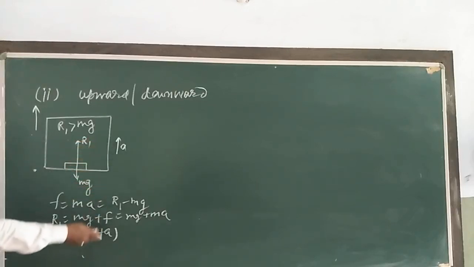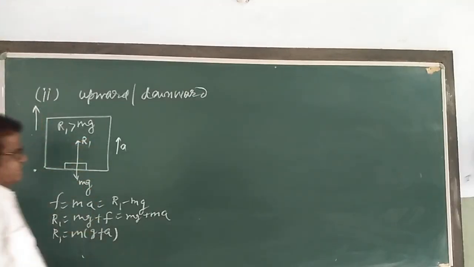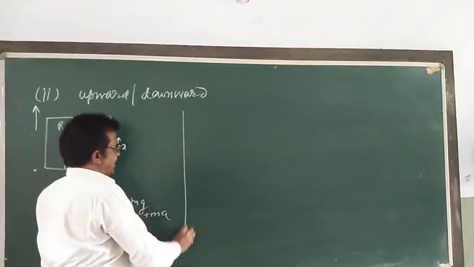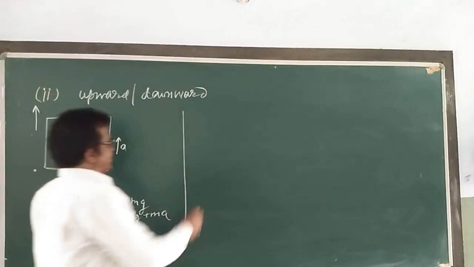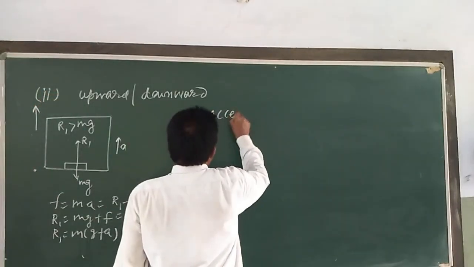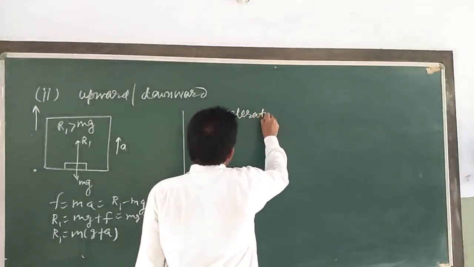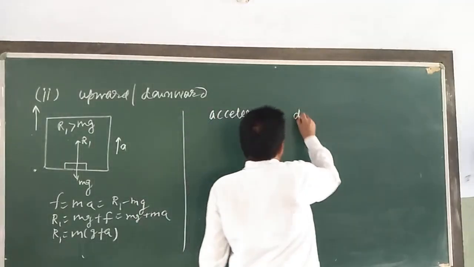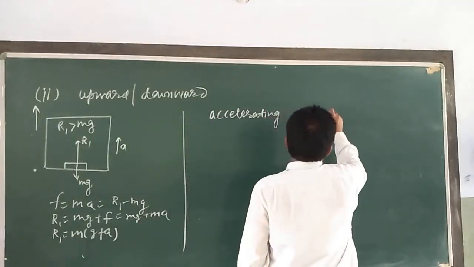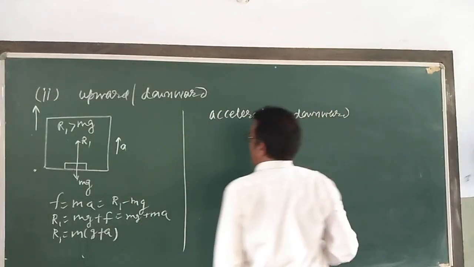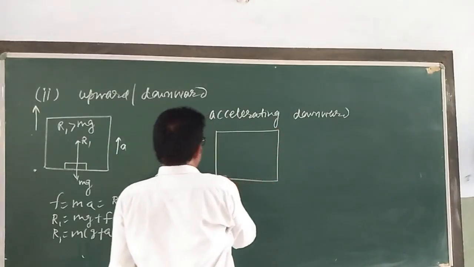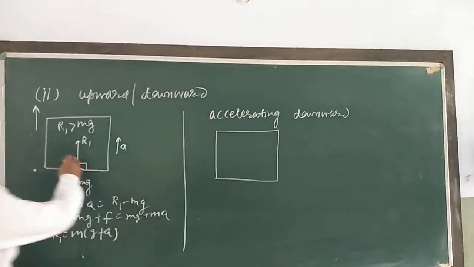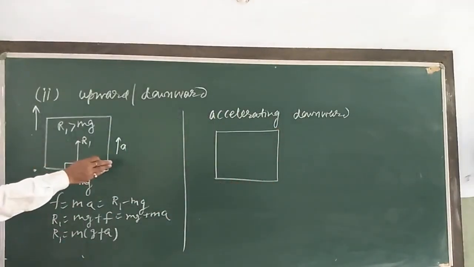This is when the elevator is accelerating upwards. Now, in a second case, when the elevator is accelerating downwards, see this figure and that figure.